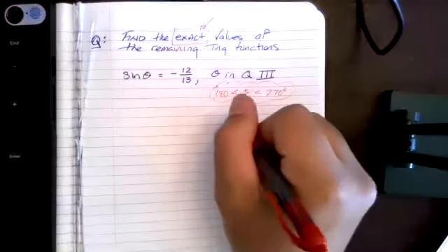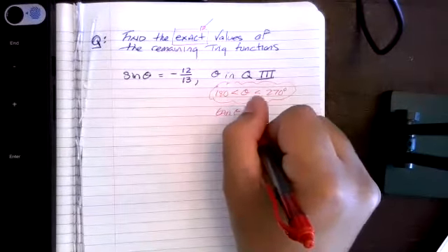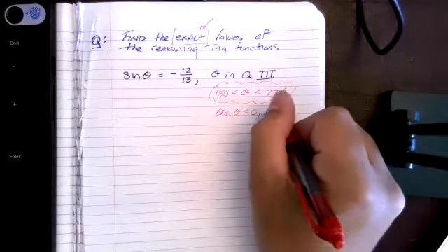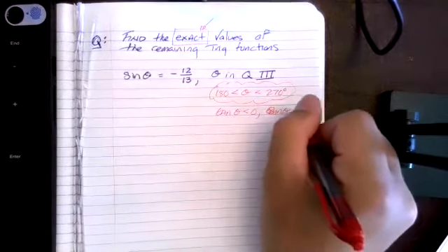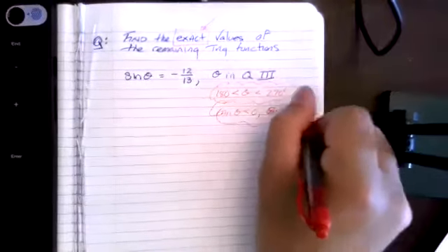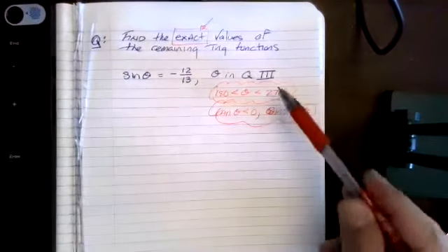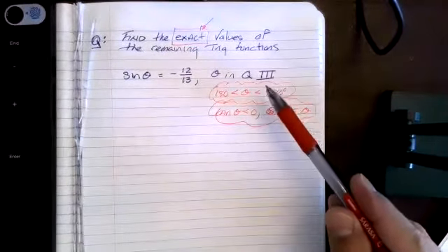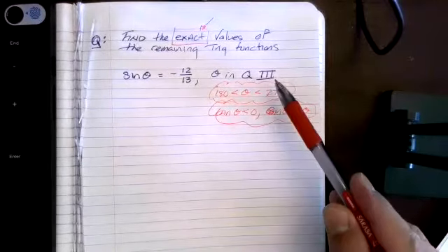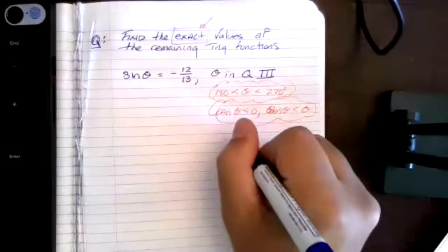And they could also say tan of theta is greater than 0 and sine of theta is less than 0. That's another way of stating quadrant 3. So they're going to have to tell you where it is. They might not outright say quadrant 3. They might give you a little work to do to figure out it's in quadrant 3. So they're telling you the quadrant that it lies in.